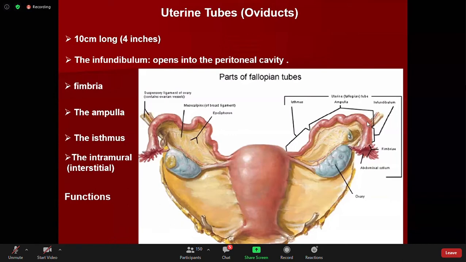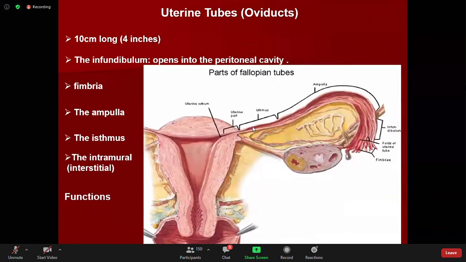So we have the fimbria, infundibulum, ampulla, the widest part, and then it narrows down as the isthmus. Then the part running within the wall of the uterus is called the intramural or interstitial part.